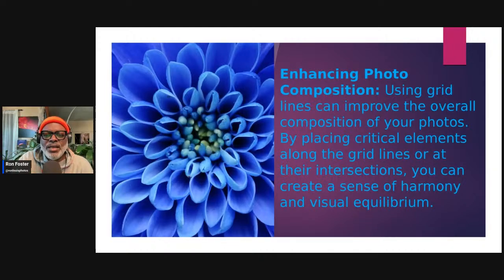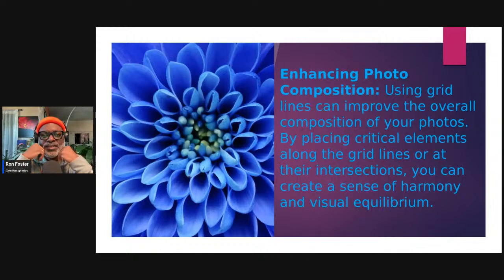So again, it says using grid lines can improve the overall composition. And there's something about that, because then you can see when you're using your grid that you can put your subject 2/3 in, 1/3 in, and it will change the way the story is told.